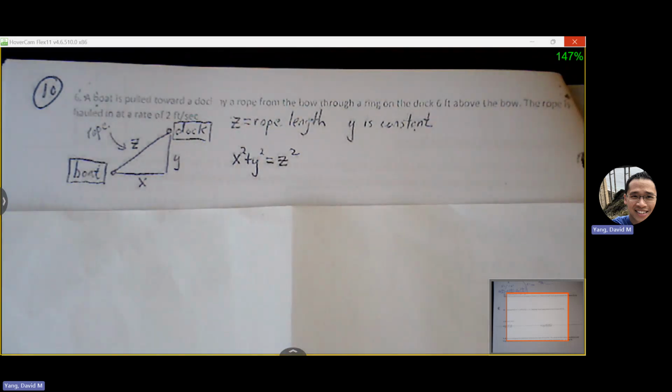Go ahead and find your derivative and see if you can list out your 6 variables and start assigning values to variables. See how well you guys can do now that we've done a couple of these.